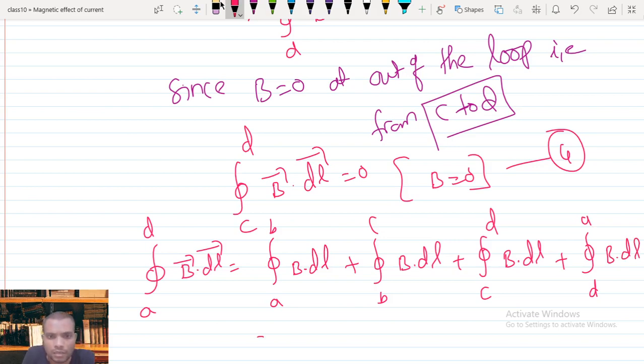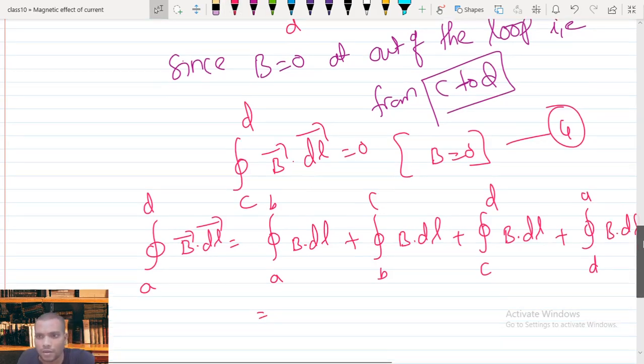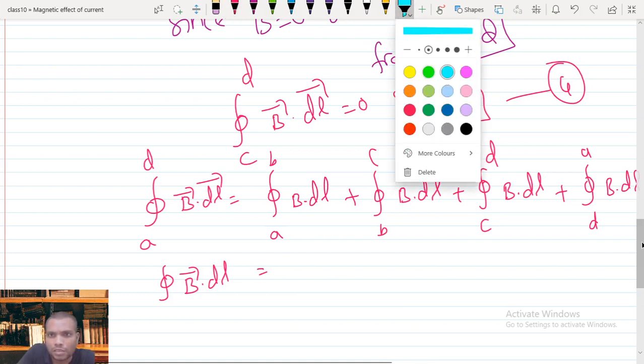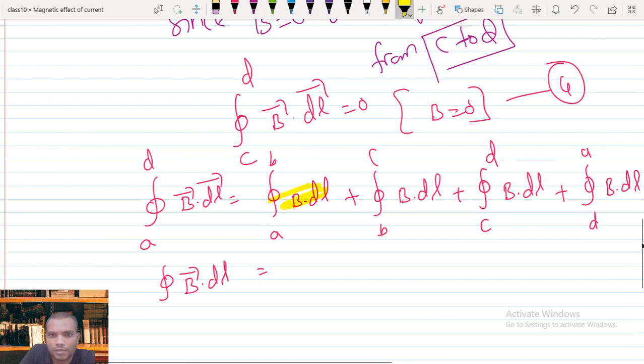In this entire expression, the magnetic field contribution comes from only one part, that is from this portion. From the first equation, I got this value as B dot l.